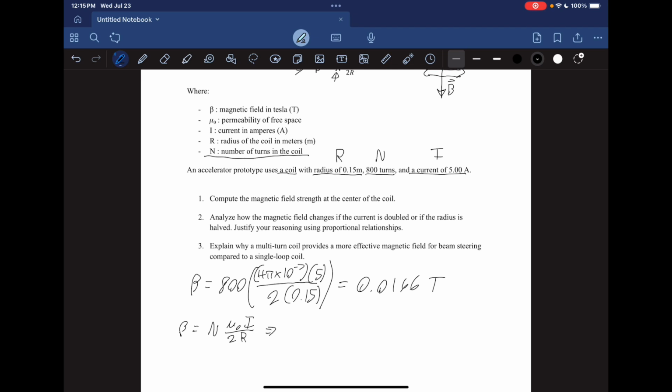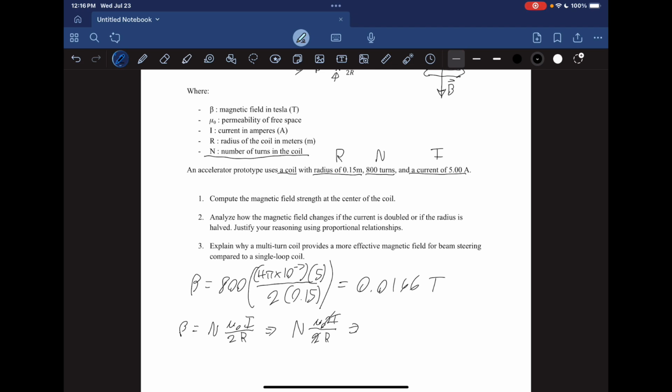This becomes N mu naught 2I, whatever you decide to write that as, over 2R. So you can see these 2's cancel out, and so it essentially doubles it.